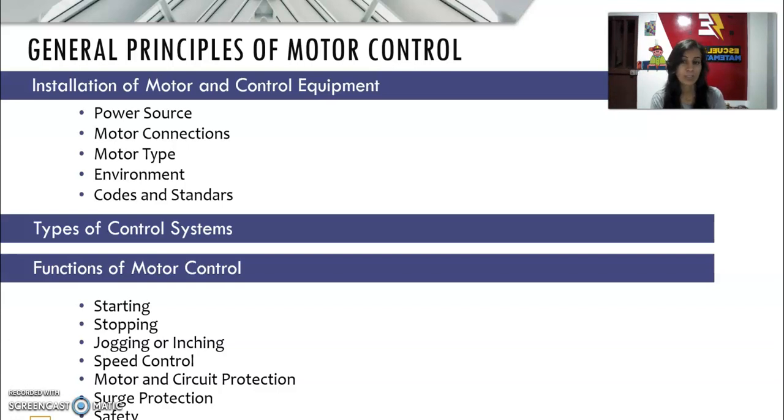The second section is called types of control systems, and it has no divisions, but we're going to see what it's about later. The third section is called functions of motor control, and it is divided into starting, stopping, jogging or inching, speed control, motor and circuit protection, surge protection, and safety. So let's see what these topics are about.